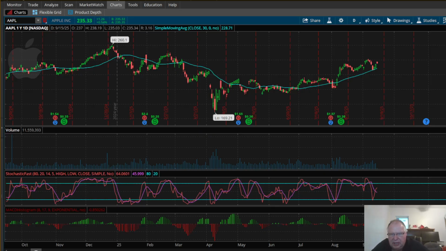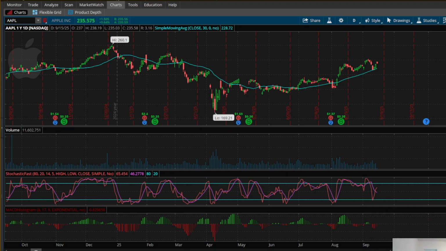Now it's a bullish trade, so it begins with your forecast. Here we have Apple. I've got up a daily chart. I have a 30-day moving average, simple moving average, not exponential. I have a stochastic and a MACD. Now let me try and move my face out of the way here just a little bit. Okay, my MACD is turning over. My stochastic is really kind of giving us a neutral signal.